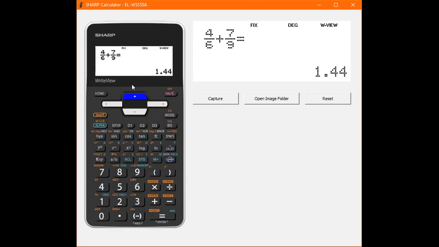All right, then you can also do mixed number fractions. So with the mixed number fraction, you would type in your whole number first, press second function and your fraction button, and then fill in your fraction like we did before. You can also press your fraction button and then press your left arrow key to go in front of it, type in the whole number, and then fill in the rest of the fraction.